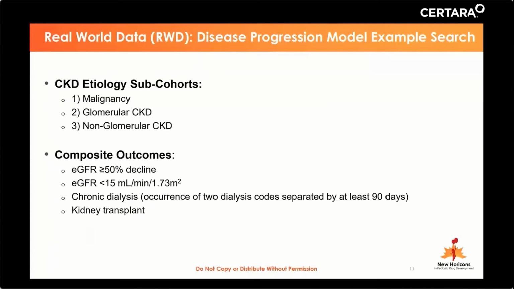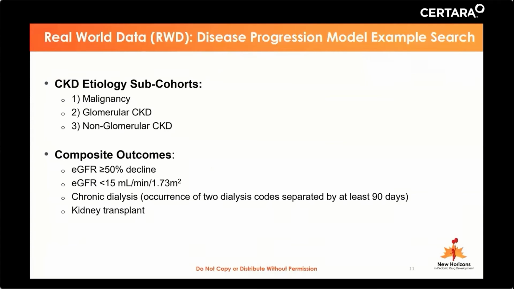Now, we looked at 3 cohorts: malignancy, patients with a glomerular chronic kidney disease diagnosis, and non-glomerular kidney disease. What's important here is also to look at an outcome variable. In many cases, it can be composite to make it easier to analyze.